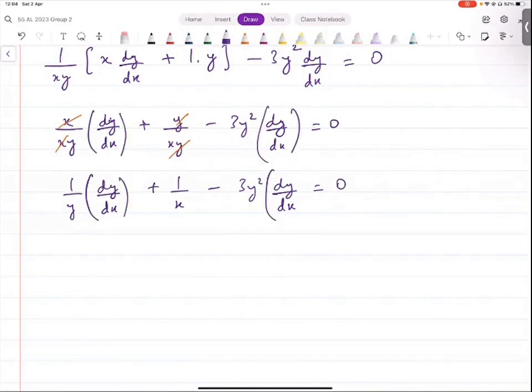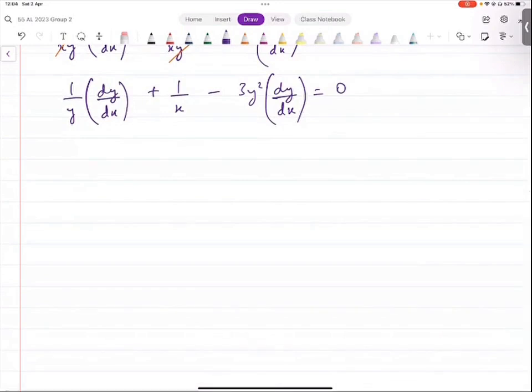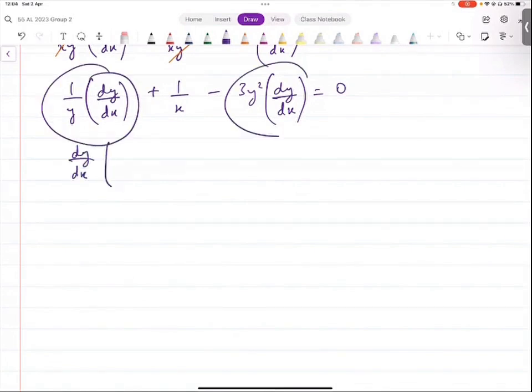Okay, now what we can do is we can take dy over dx common. dy over dx वाली टर्म्स में से उसको कॉमन ले लें और 1 over x को दूसरी साइड पे ले जाएं. So we have dy over dx common from these two terms, this term and this term.